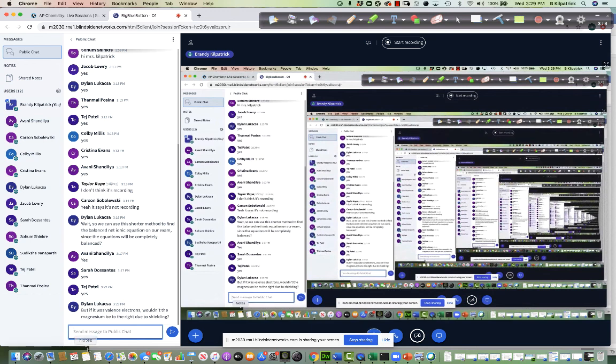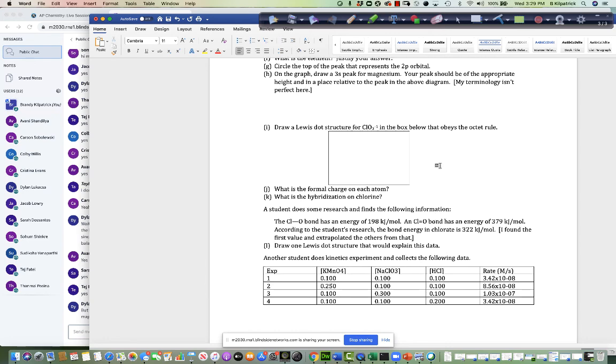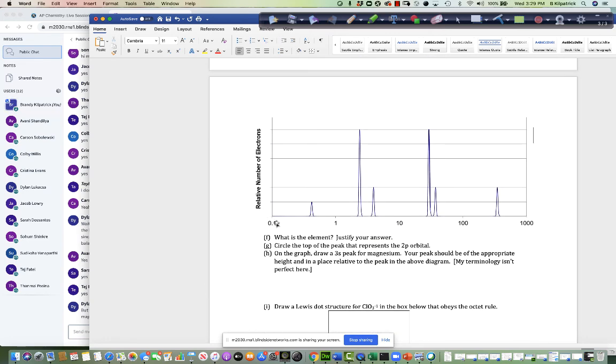It's still going to take less energy to remove than the potassium would. So it's going to be more towards, hold on, let me pull up the PES. So right here, we've got less energy, and more energy here. When we talk about removing electrons and we're comparing atom to atom, we need to think about how many protons that atom has versus the other.